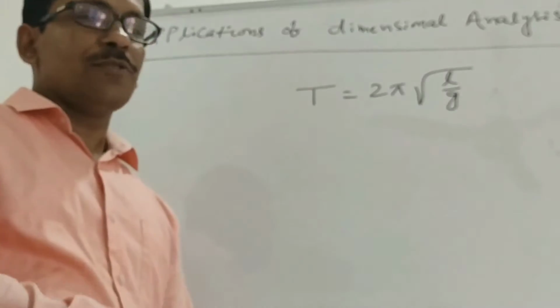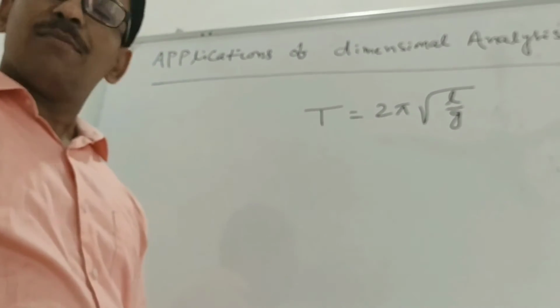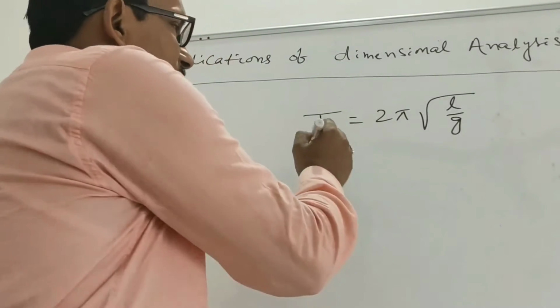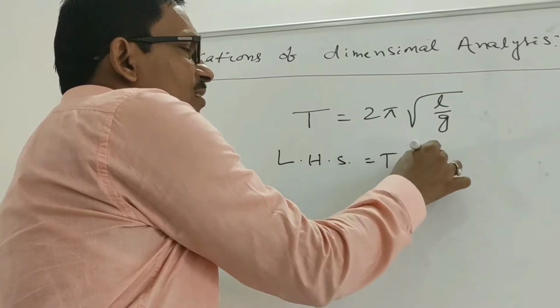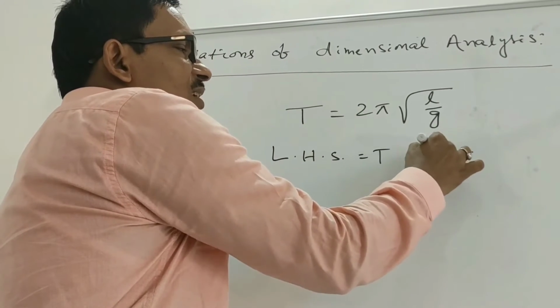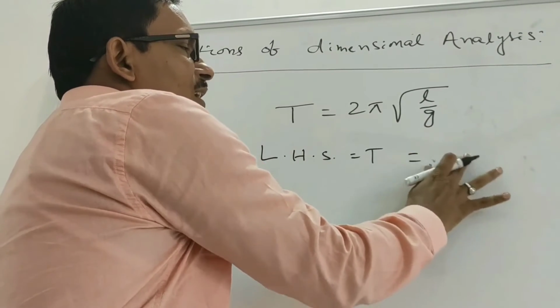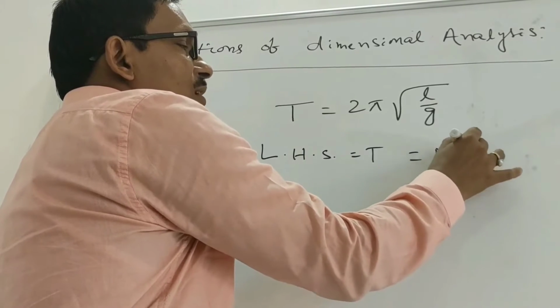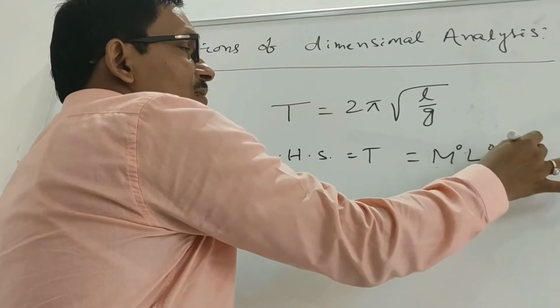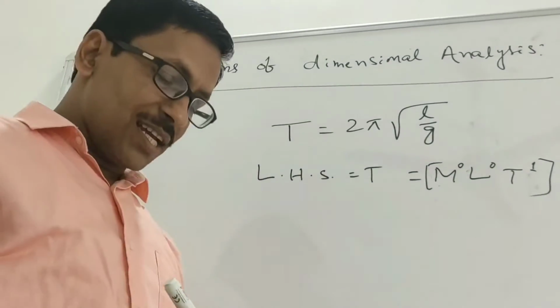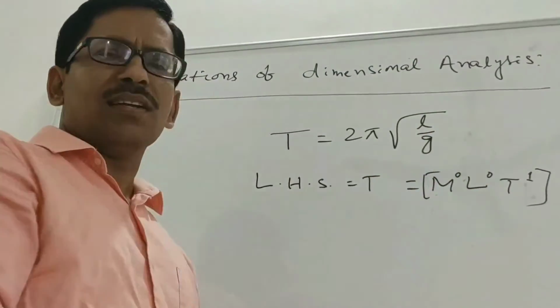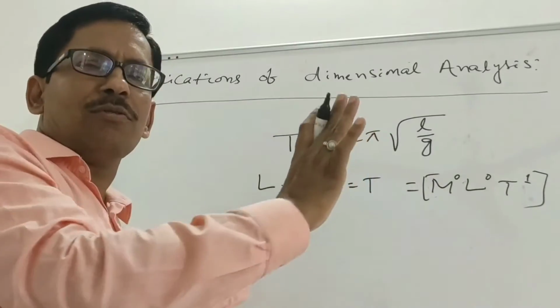Now, as before, we will find the dimensional formula on both sides. In the left hand side, it is T, time period. So we can write here M0 L0 T1. Only time is there, mass is not there, length is also not there. If you simply write it T to the power 1 also, no problem.